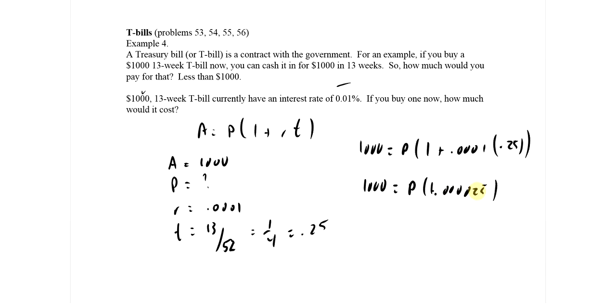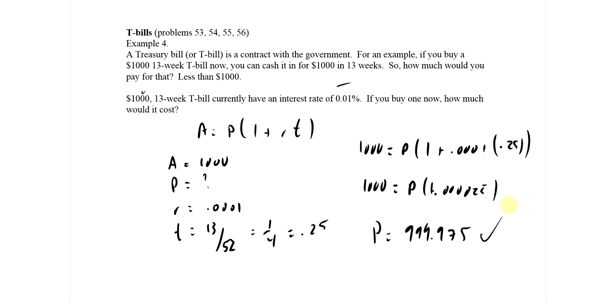I think I have the right number of zeros there. And you divide it out, and you get P equals 999.975. And so that's the current price. And so they sell these things at auction, right? And this is what people are currently paying for a 13-week T-bill.